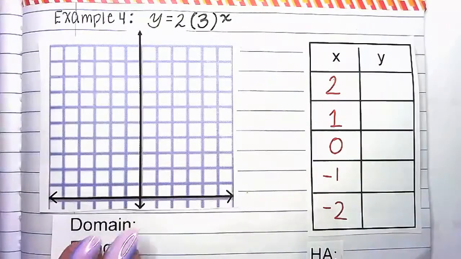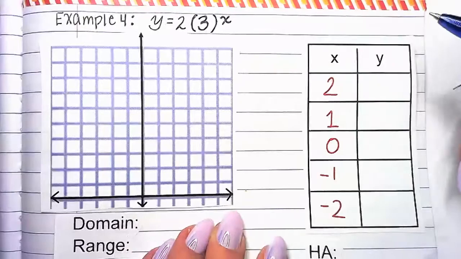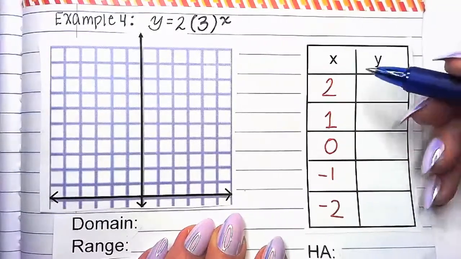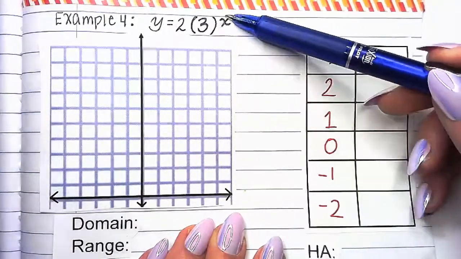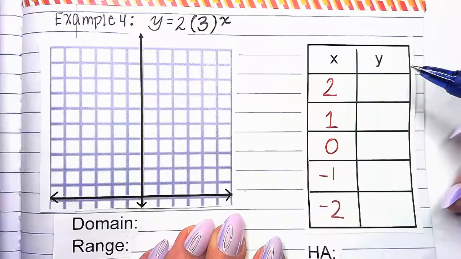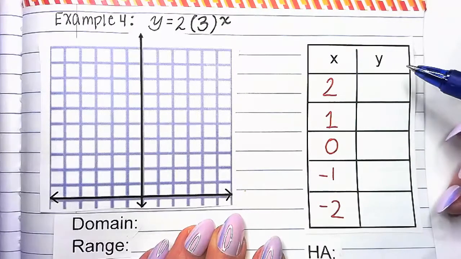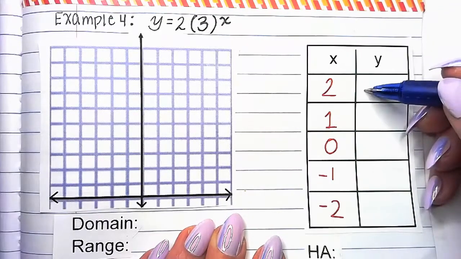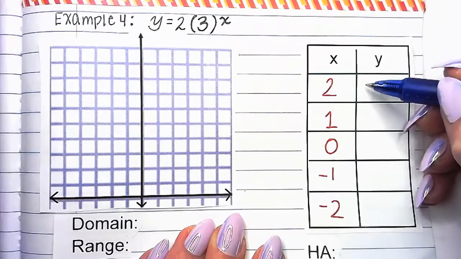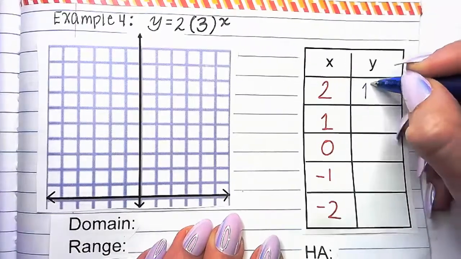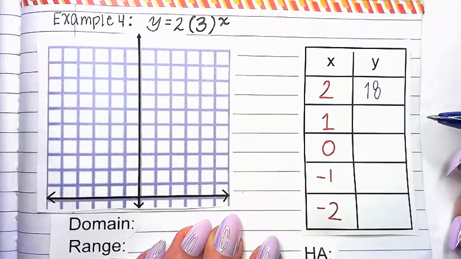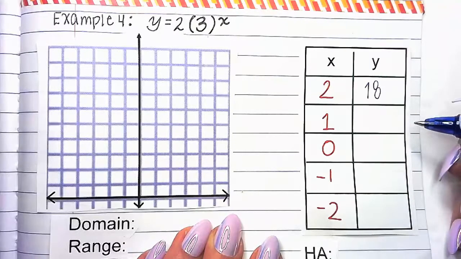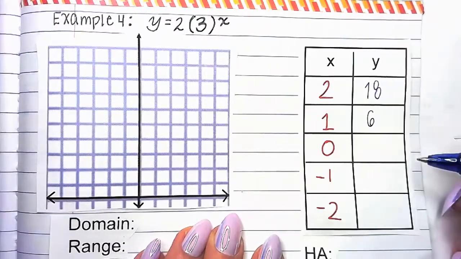Here is example 4. Let's make another table of values. If I fill in 2, what will we get? If you said 36, you're wrong. 2 times 3 to the second, you would have to do the order of operations. 3 to the second power is 9 times 2 is 18. If you fill in 1, you do get 6.